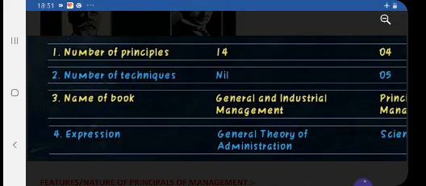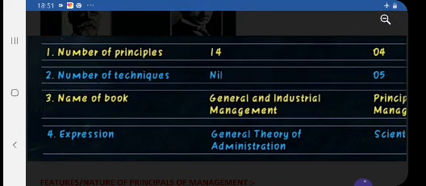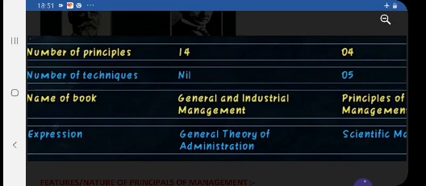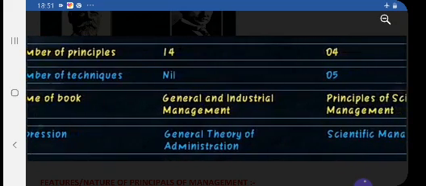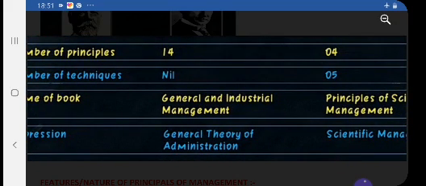The number of principles given by Henry Fayol is 14, and F.W. Taylor has given us 4 principles. Second, the number of techniques: Henry Fayol has not given any techniques, but 5 techniques are given by F.W. Taylor.